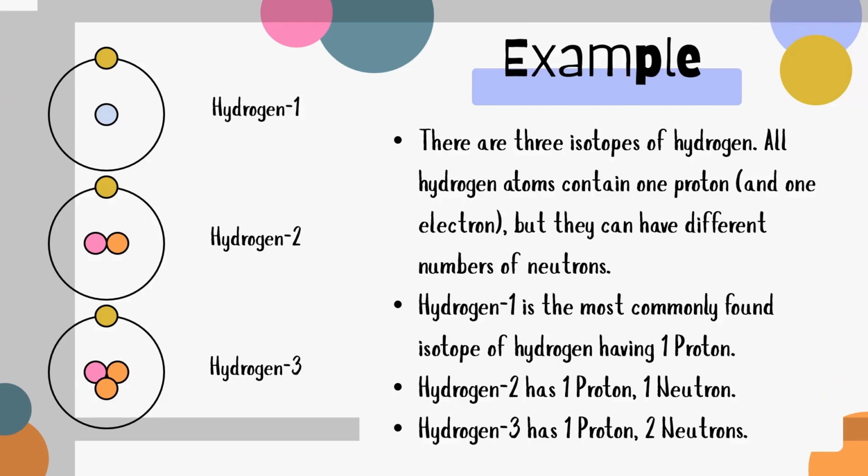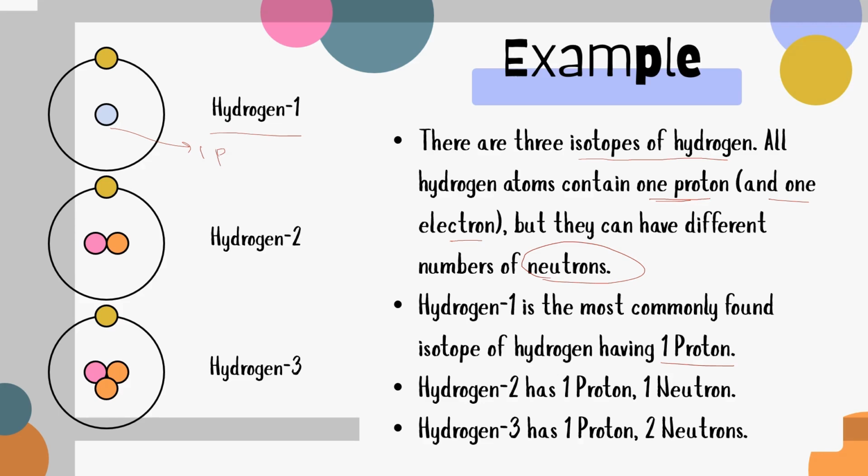Example: there are three isotopes of hydrogen. All hydrogen atoms contain one proton and one electron, but they can have different numbers of neutrons. Hydrogen 1 is the most commonly found isotope of hydrogen, having one proton. In the first picture, you can see only one proton, there is no neutron.